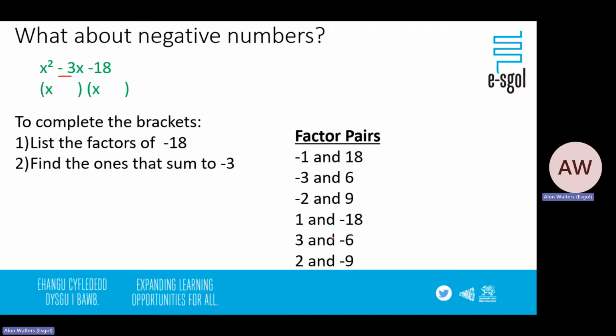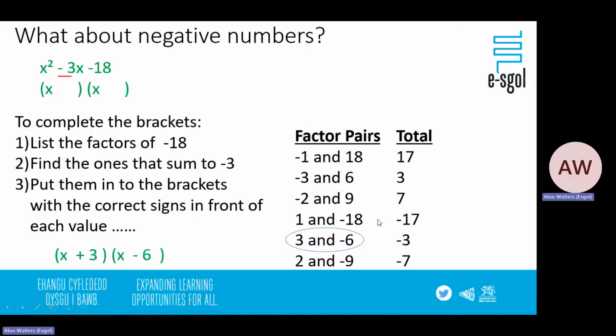Whichever one of these I total up on the side, the one that totals to -3 is down the bottom, 3 and a -6. So just put those into a bracket as shown, ensuring it's +3 and -6, but if you wrote it the other way around, it's got to be x -6, x +3. Do not change the signs.